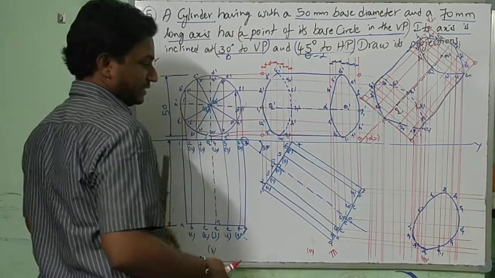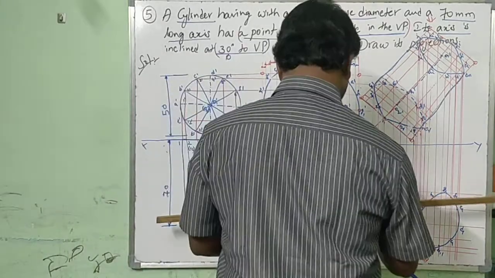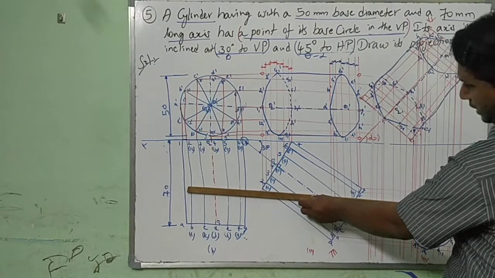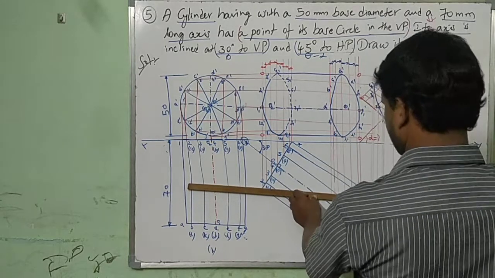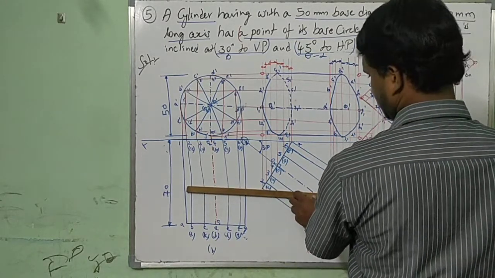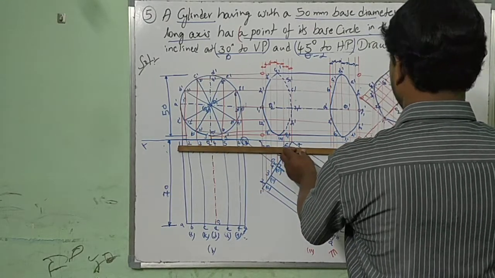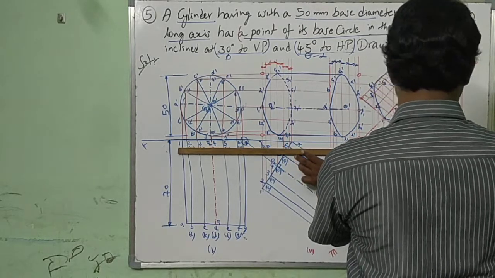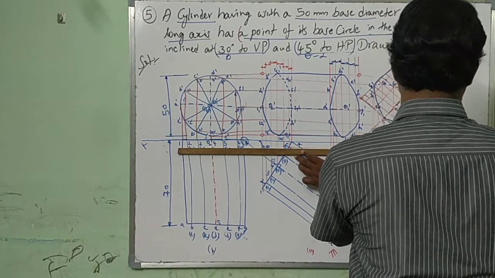There is one more clashing. See, if I try to pick one, it goes inside. So be careful while you are drawing. Seven will already be on the XY line. Half is enough.